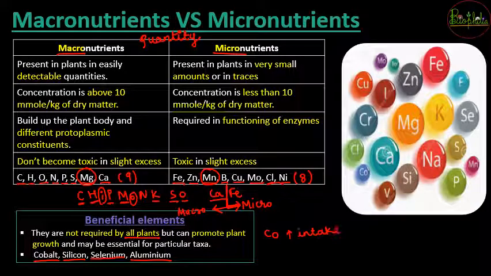So copper, that is a micronutrient. So for the absorption of the micronutrient, cobalt is going to help. So this cobalt is the beneficial element. If it is present, then the copper absorption is going to be enhanced. So that was about macro, micro and the beneficial elements.